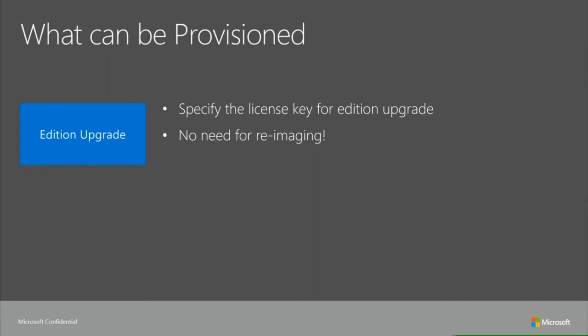And I want to especially highlight several things that are very important to streamlining mass deployment. First thing, edition upgrade. No more need for imaging. You can perform upgrade to Enterprise Edition during runtime by applying a provisioning package that contains the key. This is how you get out of imaging business if you want to.